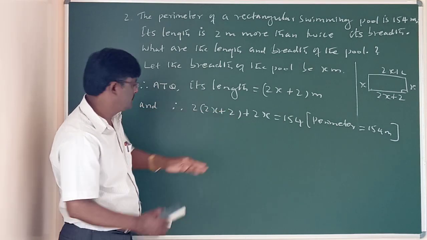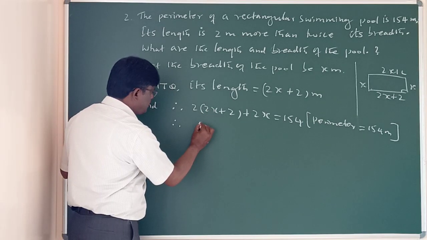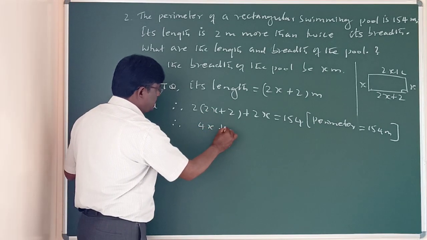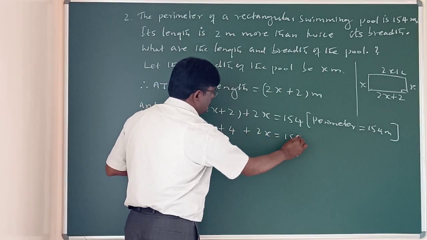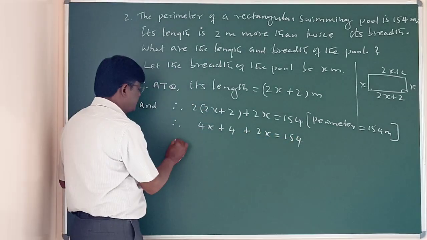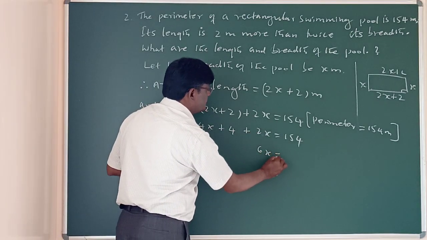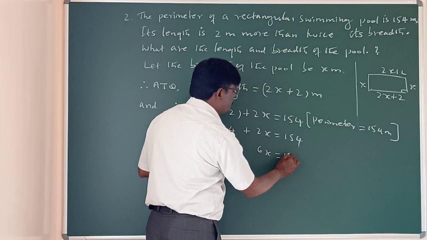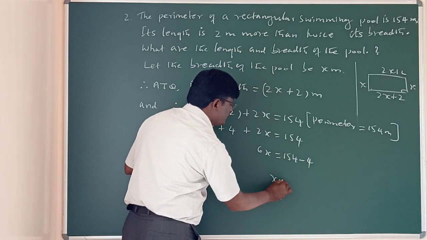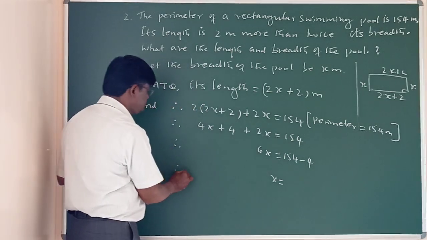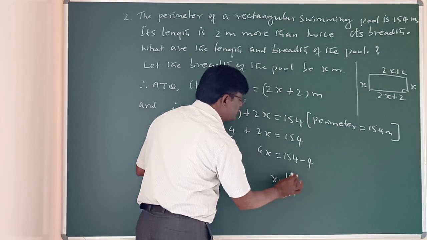Once we get this, now we shall go for simplification. 2 into 2, 4x plus 4 plus 2x equal to 154. Therefore, 4x plus 2x is 6x equal to 154 minus 4. Therefore, x equal to 150 by 6.